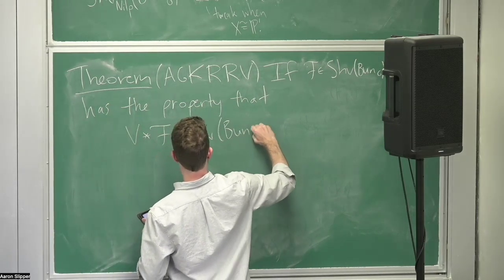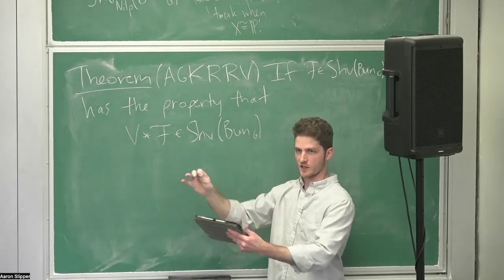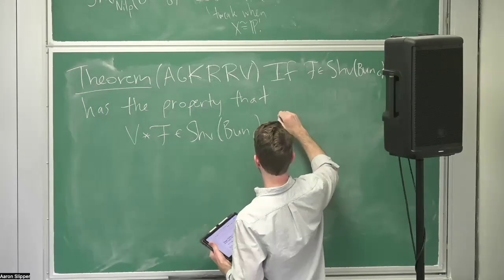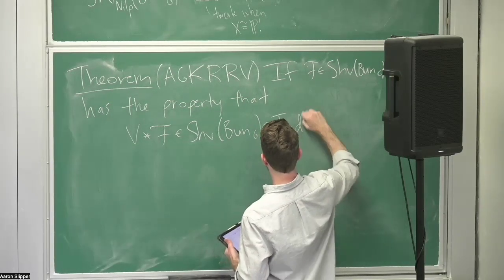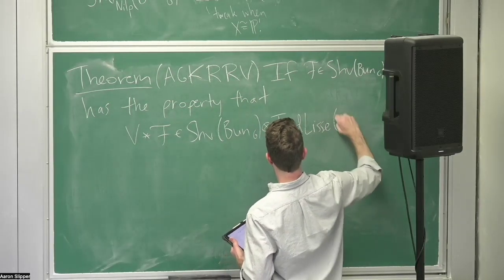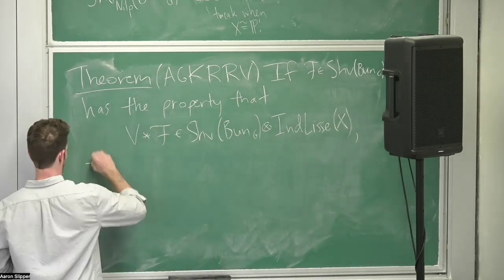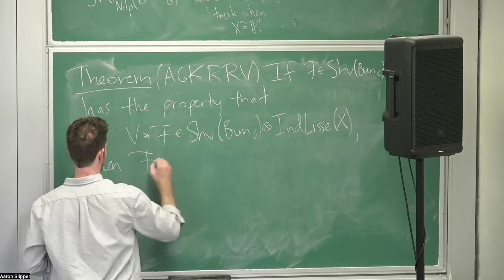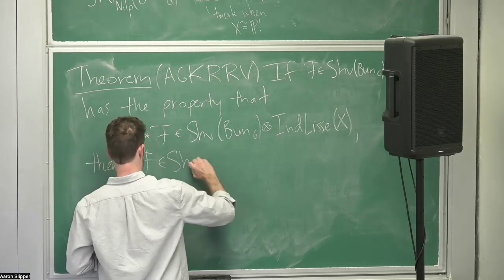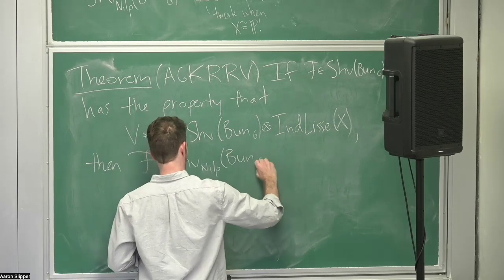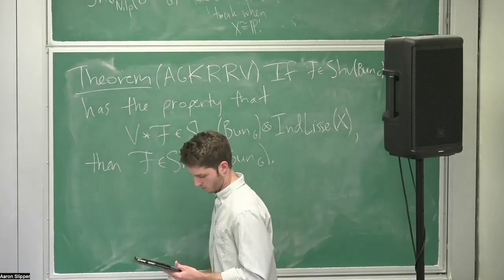So you should think this means that it decomposes as an external tensor product, of something on Bun_G times something in IndLisse. Then it has nilpotent singular support. This is a really key technical point. And I guess, yeah, it's technical, but it's definitely key. Okay. So it has nilpotent singular support.